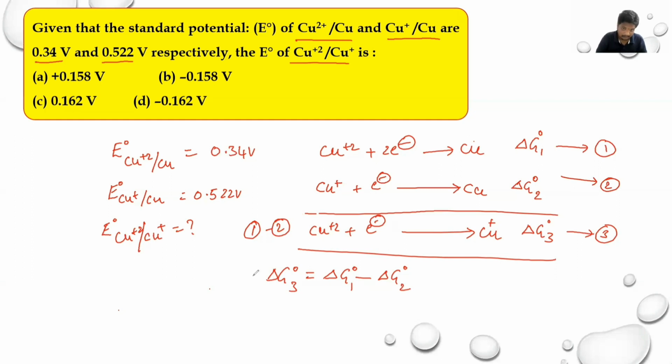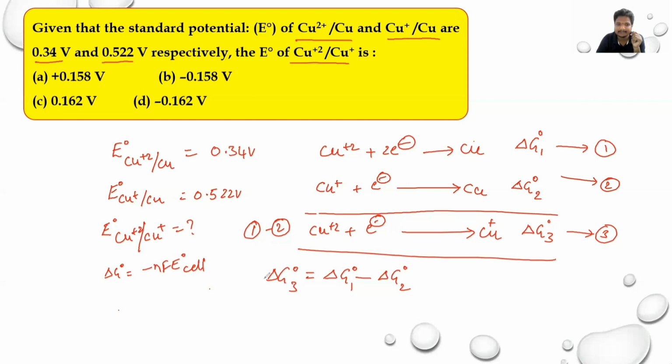Now we know that the change in standard free energy of a cell, delta G naught, is equal to minus nF E naught of the cell.